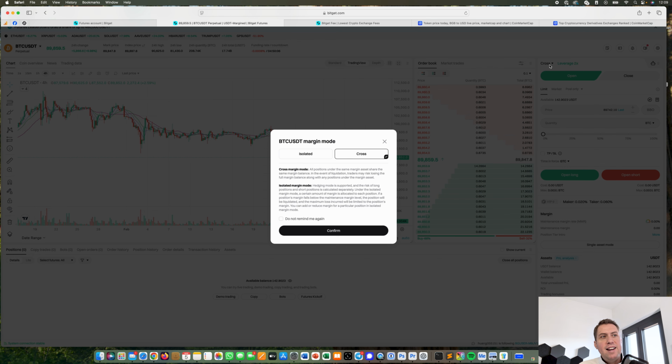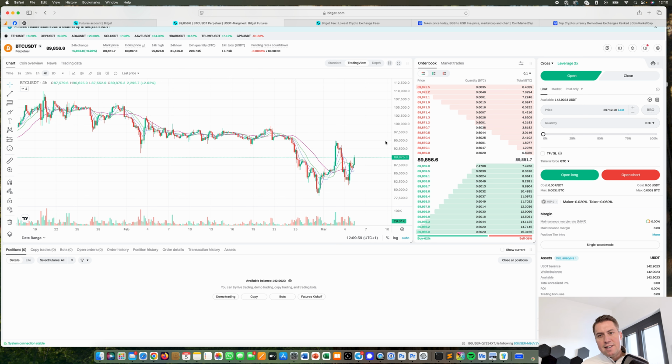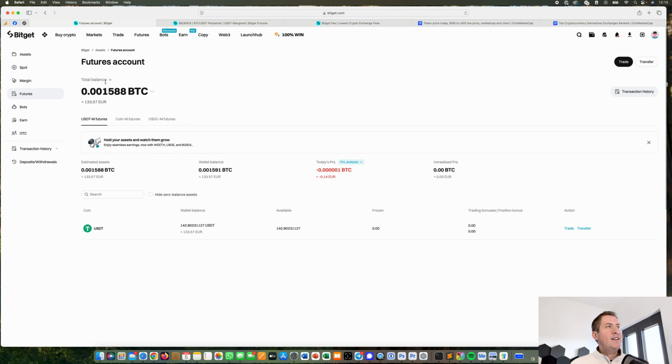And you can select if you want your collateral cross or isolated. And I will get to that. So as I said, when you trade futures, you are basically using your futures wallet. And so if you get liquidated because you are trading with a leverage of 1 to 100x, then you will basically lose all your money in your futures account.